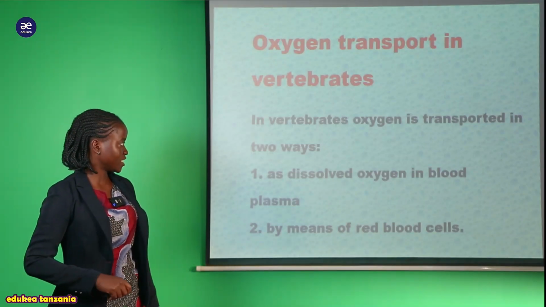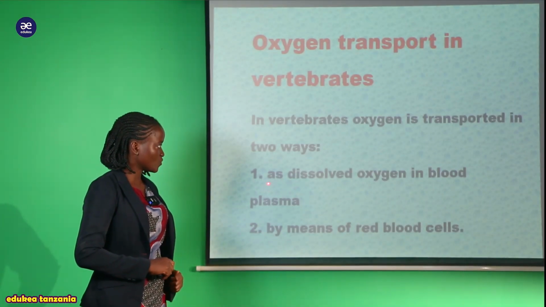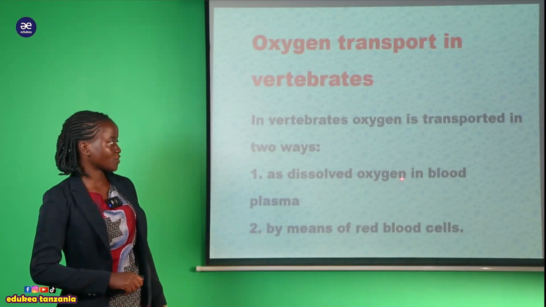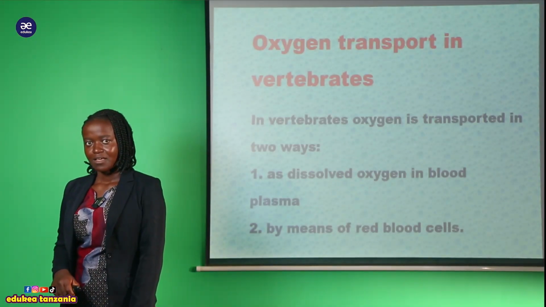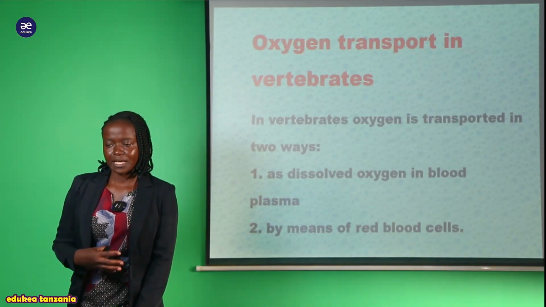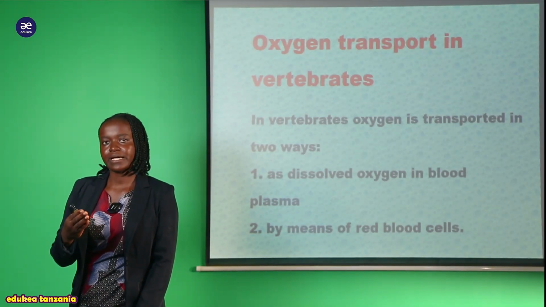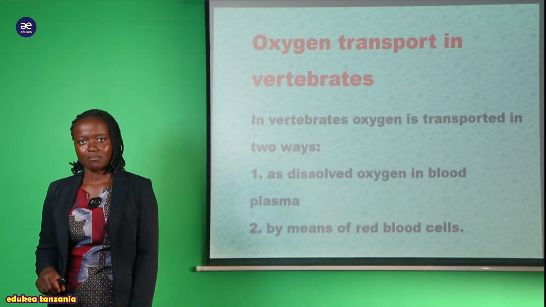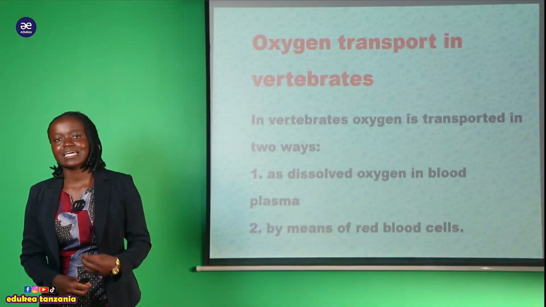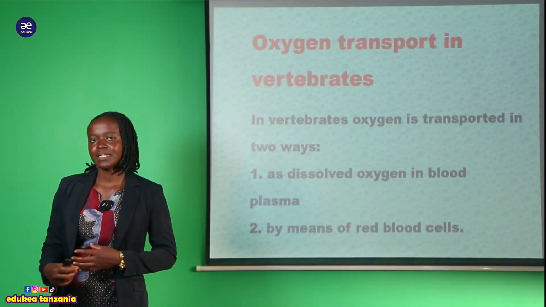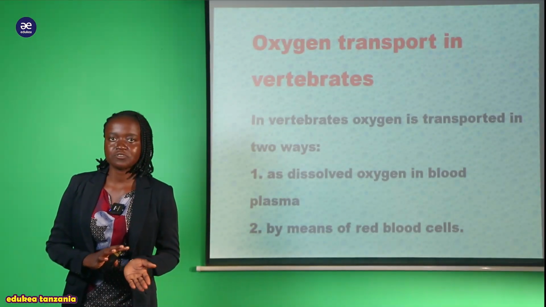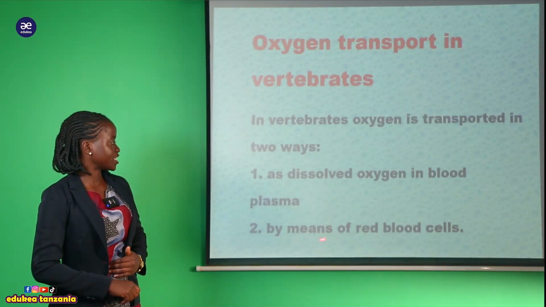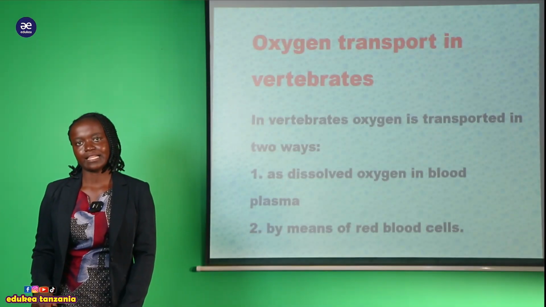The first way is that oxygen is transported as dissolved oxygen in the blood plasma. So the oxygen is transported dissolved in the blood plasma, meaning the oxygen enters the blood plasma and mixes with the blood, where it can be transported. But another way it can be transported is by means of the red blood cell.